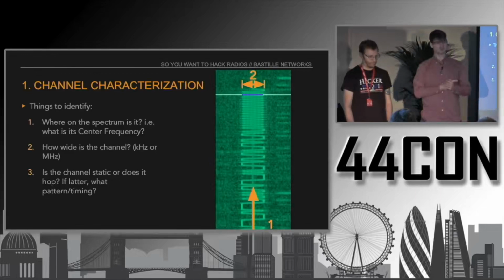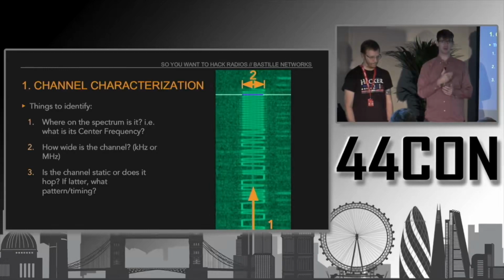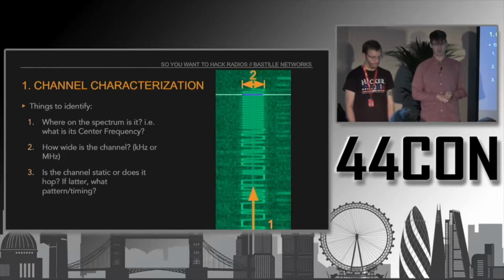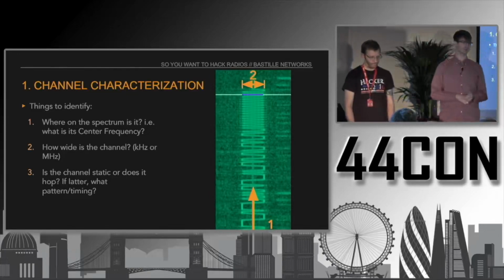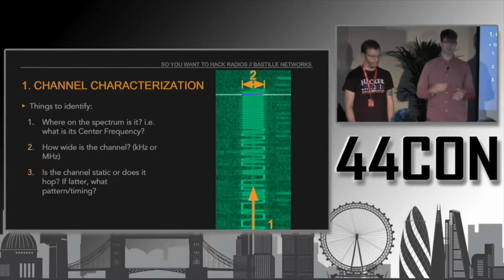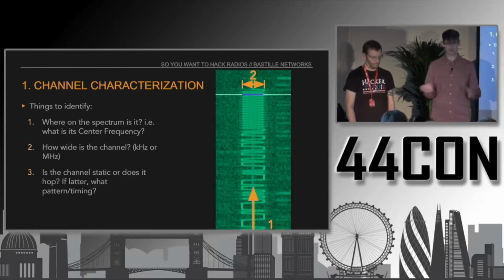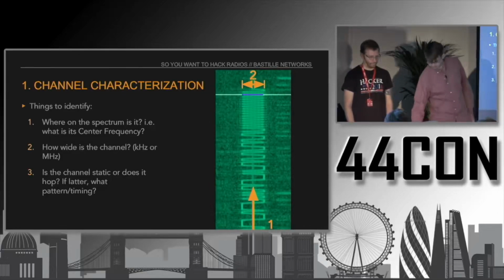The first is to identify the center frequency, and if there's a single channel, that'll just be one frequency. But if it's frequency hopping, there might be a couple different center frequencies that it will jump between. And the second element is identifying how wide the channel is. So if we have an FSK or some sort of frequency modulated channel, we'll want to identify how much frequency that signal can traverse with that deviation.